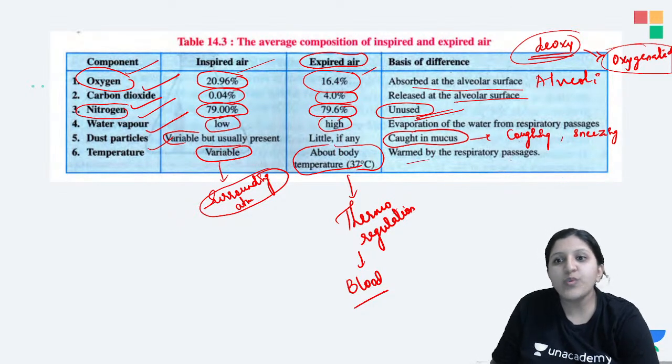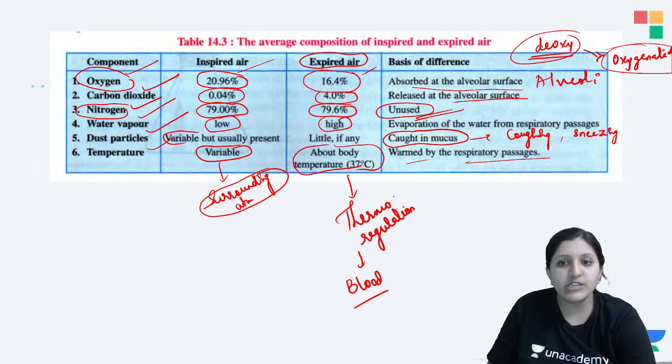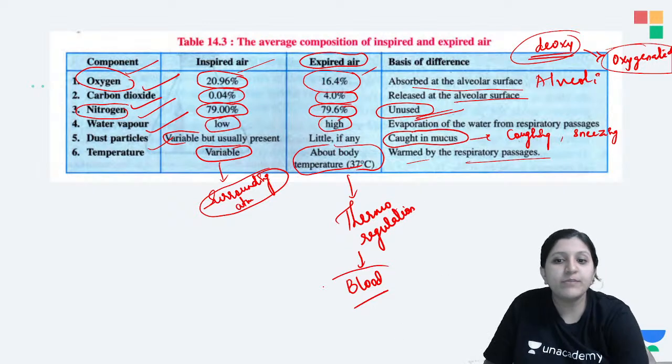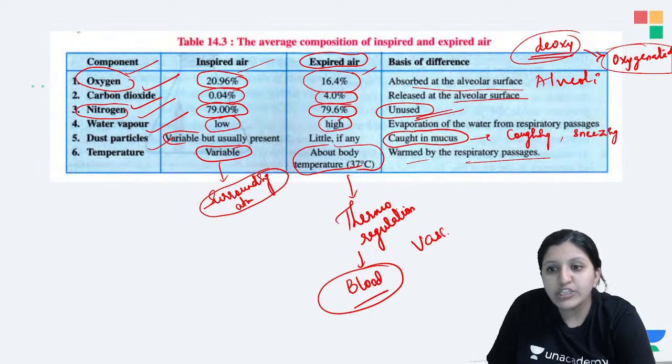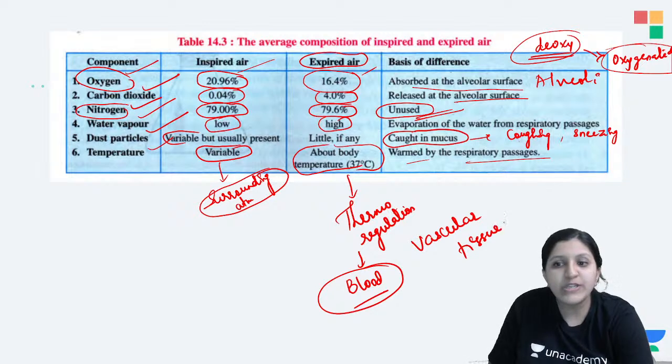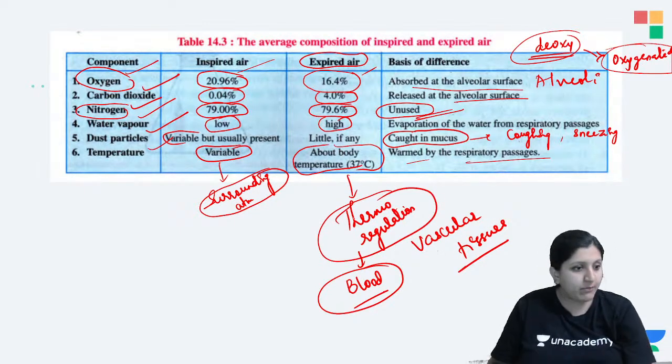So this is warmed by the respiratory passages, mainly because the blood which is circulating throughout will be releasing the heat. Basically the vascular tissues, meaning the ones which are supplied with blood vessels, are where the thermoregulation can be done.